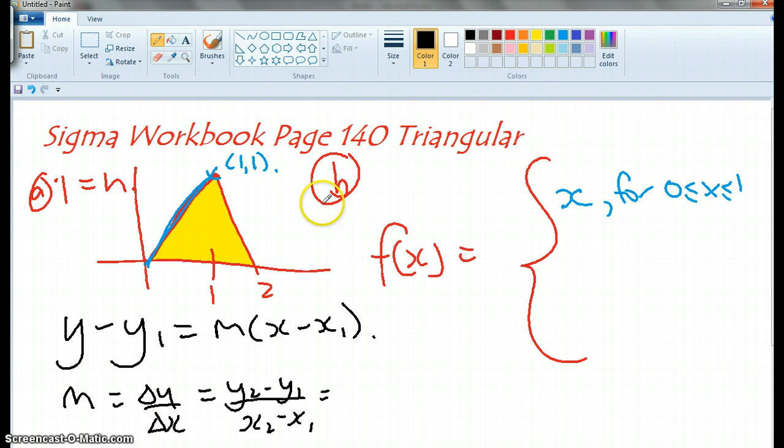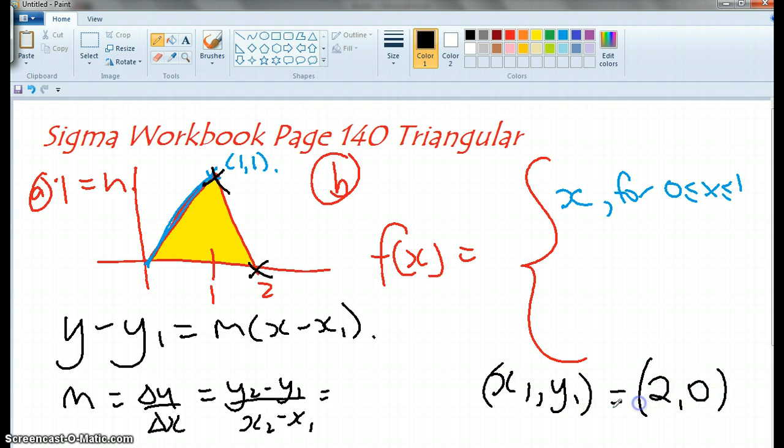You can choose 2 points on the line, so let's choose those 2. And so I'm going to say x1, y1 equals 2, 0, and x2, y2 equals 1, 1.